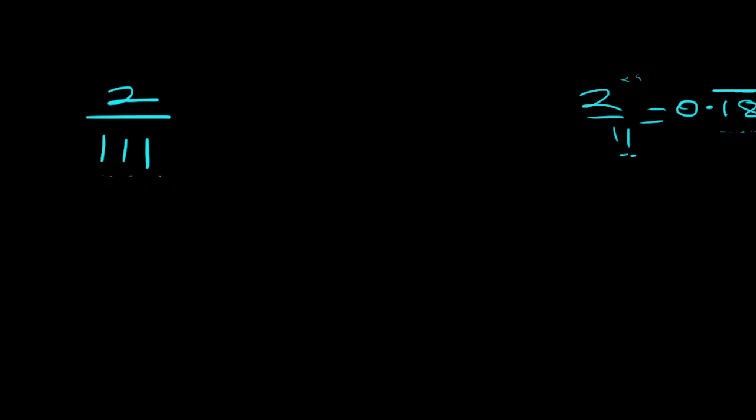So the number that is going to repeat will be 3 digits. So instead of 0.18, there will be a 0 in between there. So you're going to get 0.018 repeated. So now the number that is repeating becomes 3 digits. Do you get it?